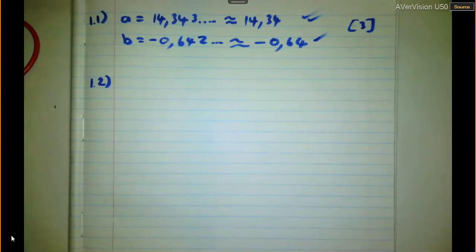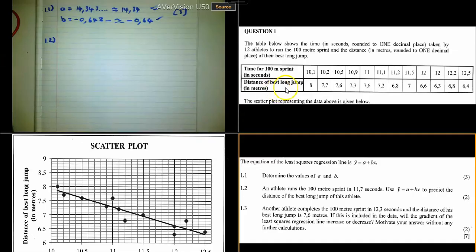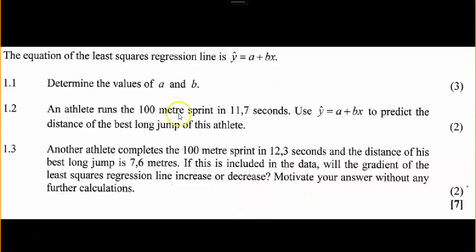The next question is for us to determine the following. An athlete runs the 100-meter sprint in 11.7 seconds. Use the formula to predict the distance of the best long jump of this athlete. Remember, if you look at your table, the sprint times are x values. And in this question, it's again the sprint time of an athlete, so that 11.7 is going to be an x value.